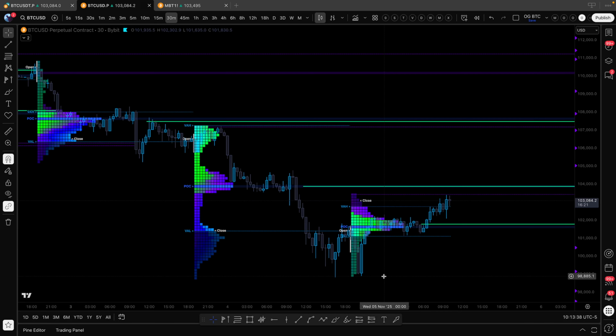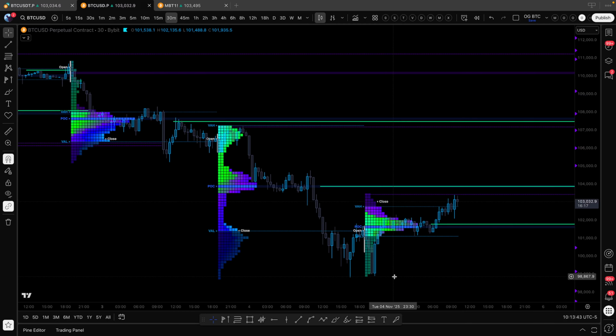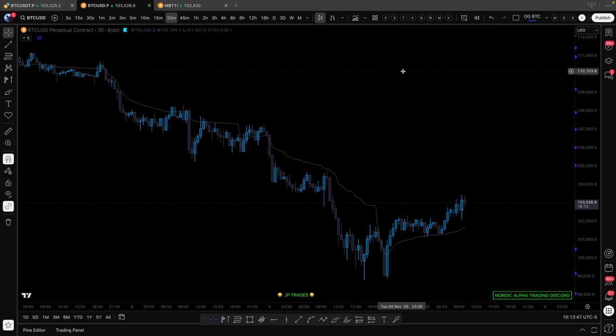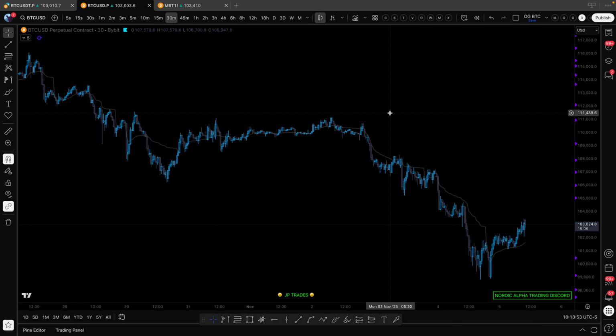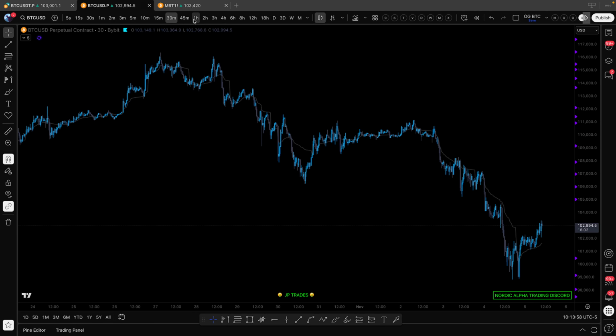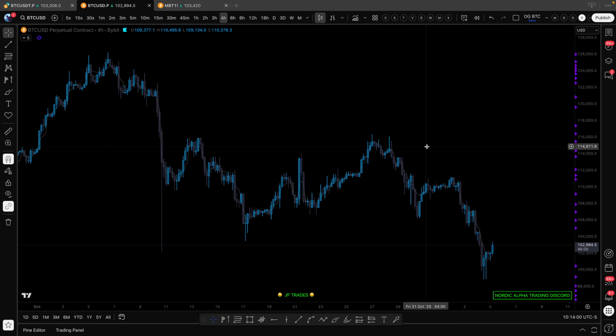I would actually prefer to see this on a tick chart rather than TradingView. Let's see. Let's go up in time frame a bit.